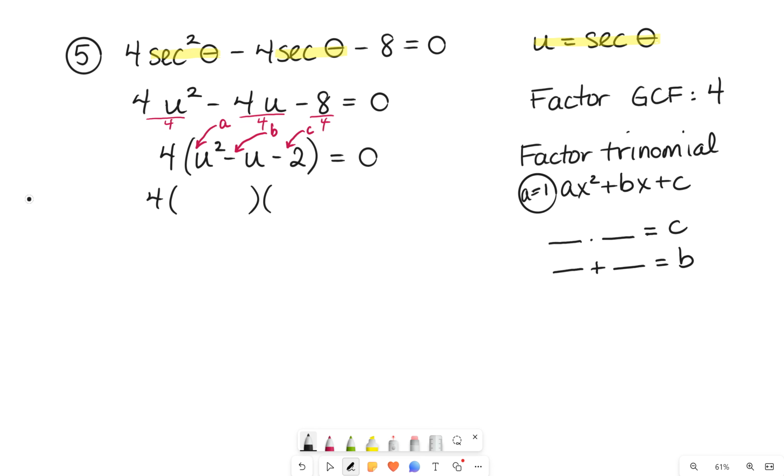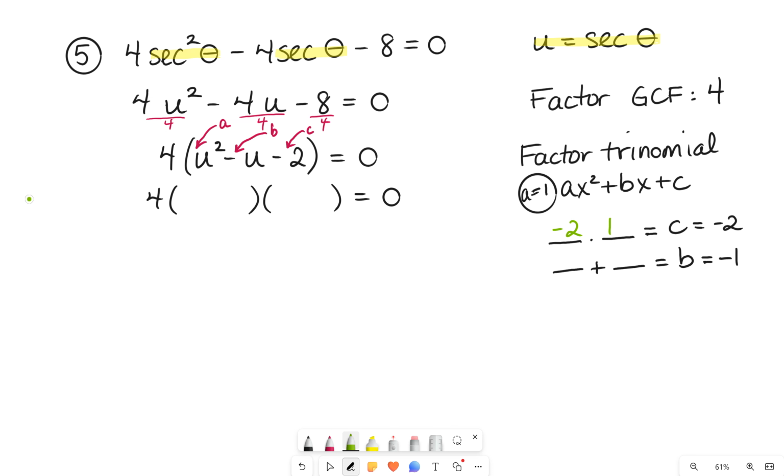Because recall, what we're trying to do when we're factoring a trinomial is undistributing. What binomial times what binomial is going to give me u squared minus u minus 2? In my problem, the c is negative 2 and the b is negative 1. So what times what is negative 2 that at the same time adds to be negative 1?